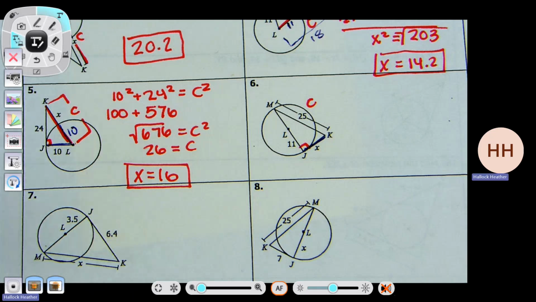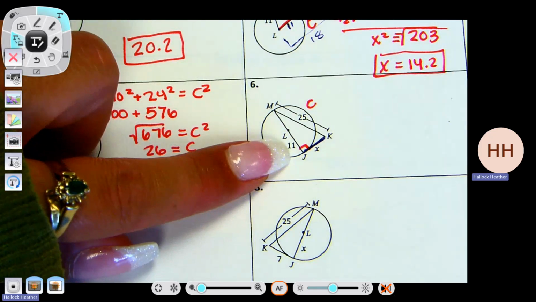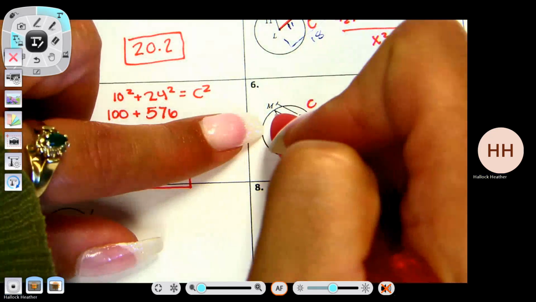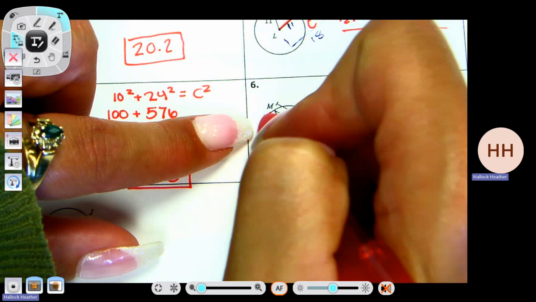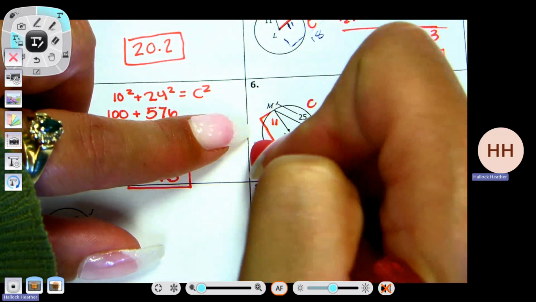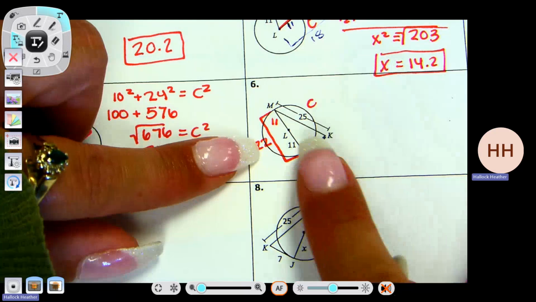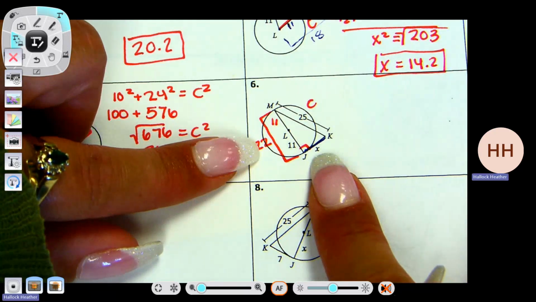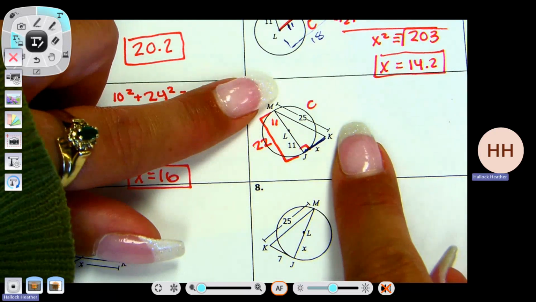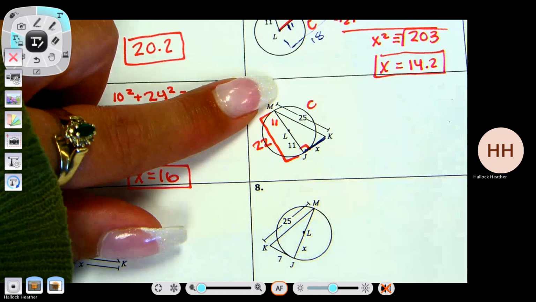Because 11 represents the radius, 11 can also go here. So this whole distance is not 11, it's going to be 22. So we're going to use 22, we're going to use X, and our hypotenuse is going to be 25.